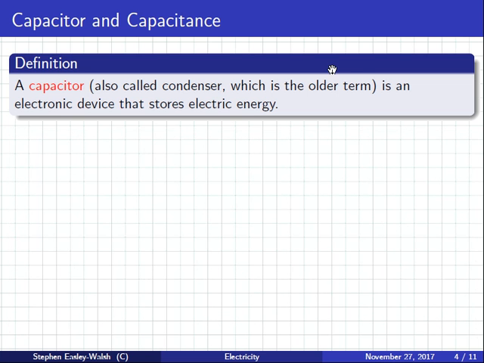Very simple. And in fact, it's a very simple device. It's just two pieces of metal close together. That's all it is. And the symbol for a capacitor is this. That's the symbol for a capacitor.